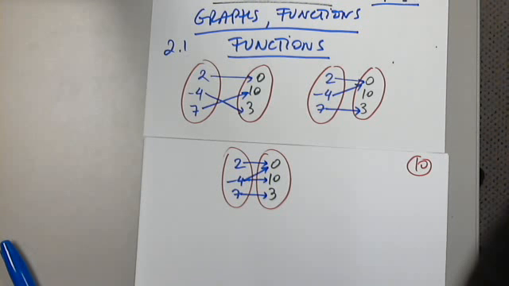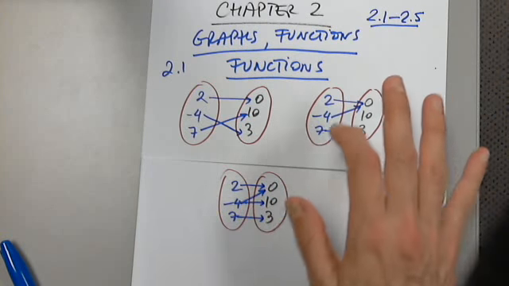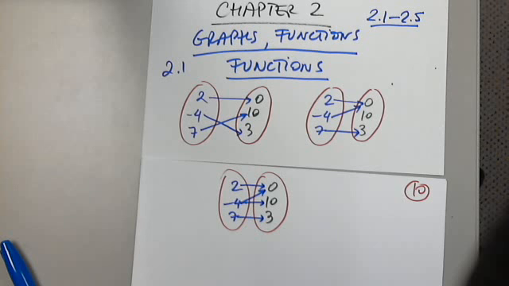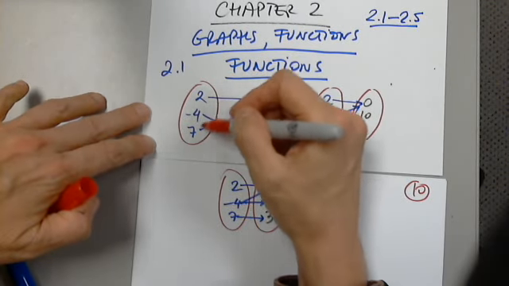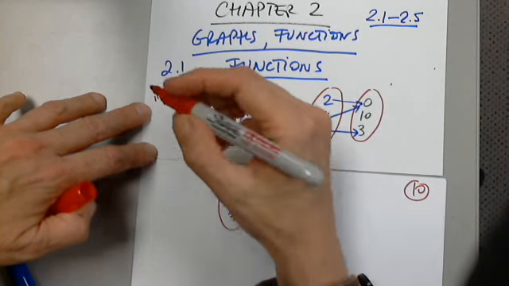The question now is, what is each and every representation? What does each and every pair represent? What is it? So first of all, the first set of bubbles is the set for x values. It's called domain.